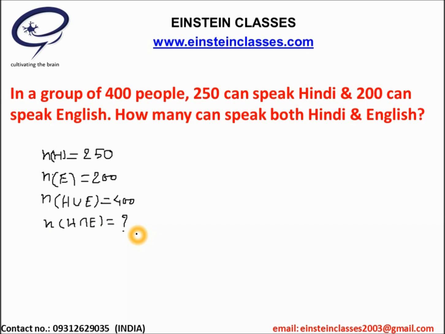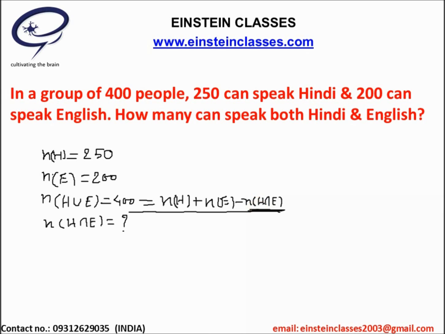In the previous problem, we discussed that the number of elements in H union E will be equal to the number of elements in the set H plus the number of elements in the set E minus the number of elements in the set H intersection E, and hence from this equation we can find the number of elements in H intersection E. That means we can put in this value, 250, and this value, 200, and from very basic calculation we can get the value.